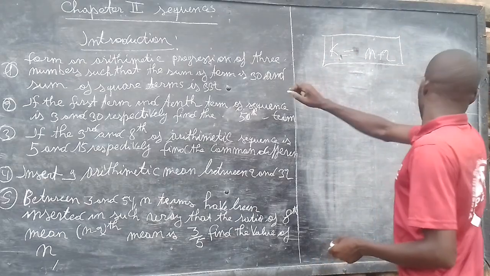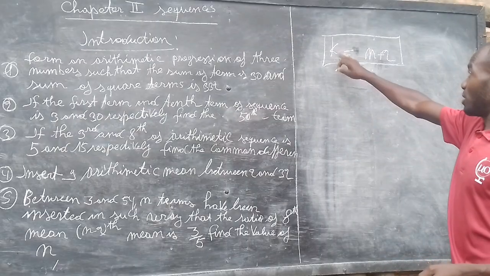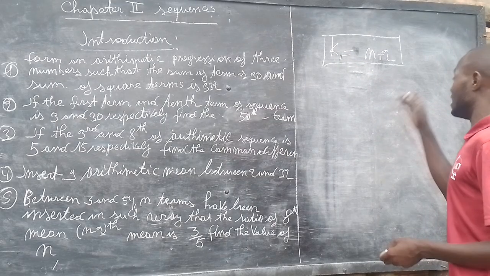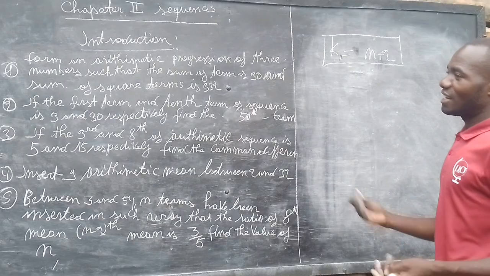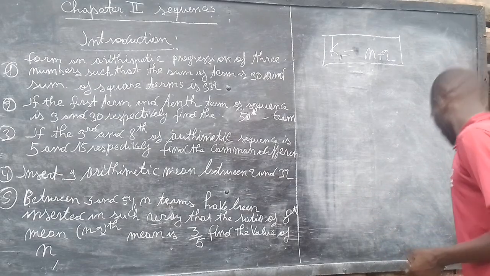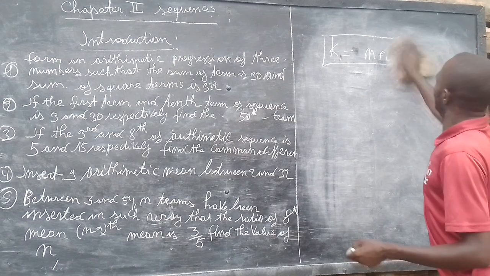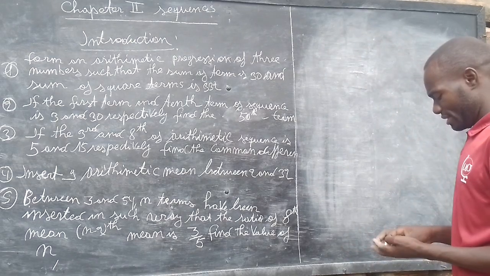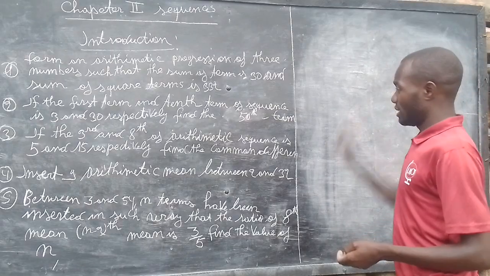This is how we can write it. This K stands for the number to be inserted in the arithmetic sequence. That is the small change which we are going to see here.